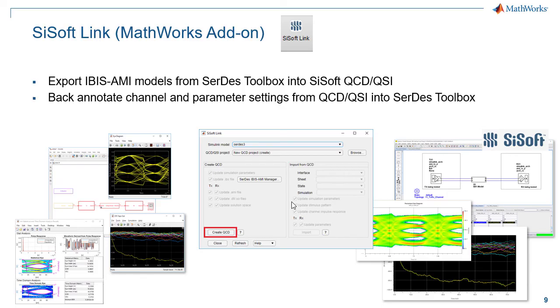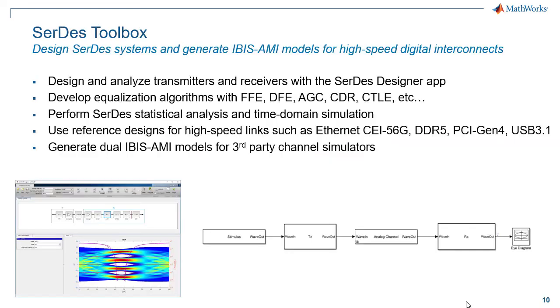You can run multiple channel simulations, and if you decide to further debug a specific configuration, you can back annotate the exact test case into the SerDes Toolbox. This means that you will be using exactly the same stimulus, exactly the same channel, and the same parameter settings. This obviously greatly improves automation and reduces the chances of manual errors.